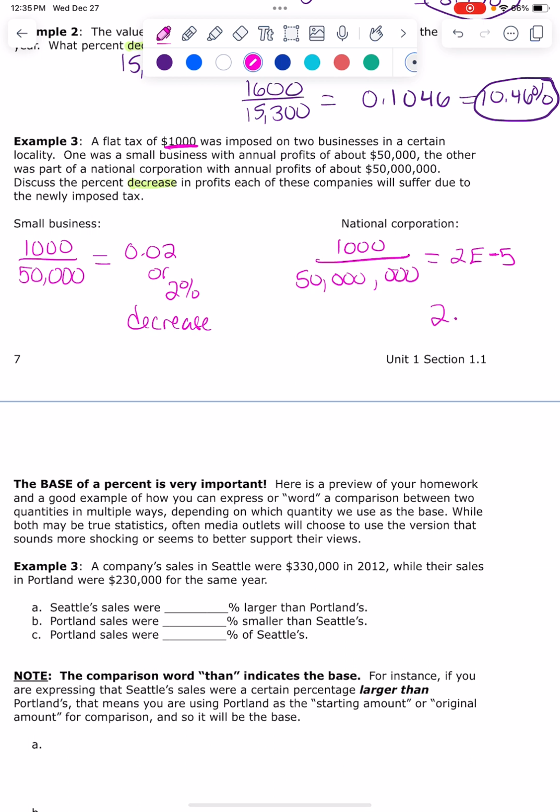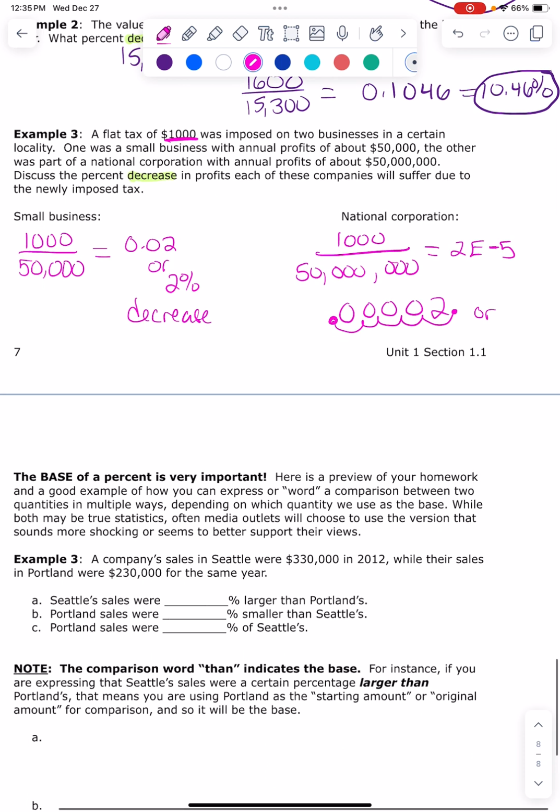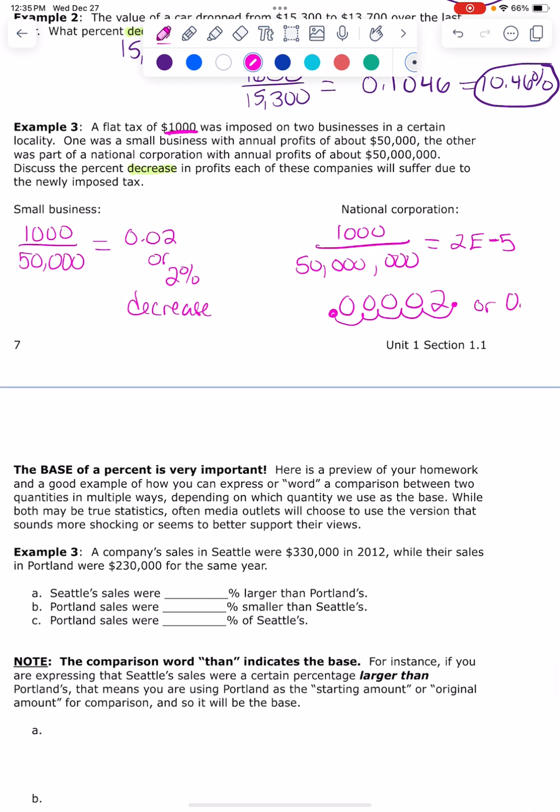So 2 is here, my decimal's here, 1, 2, 3, 4, 5. So there's 4 zeros in front of the 2. Let me see if I can scoot over. Oh, I ran out of room. 0 point. So if I move it 2 to the right to make it a percent, 0.002%. That is a big difference.